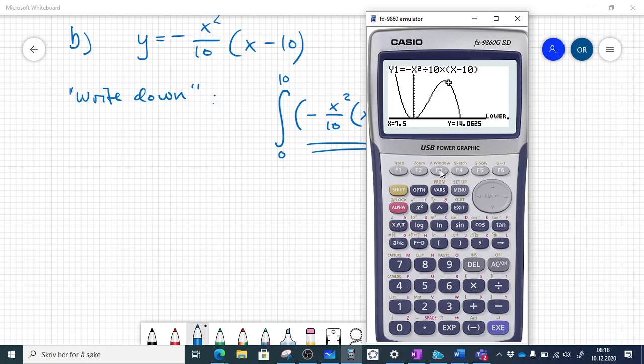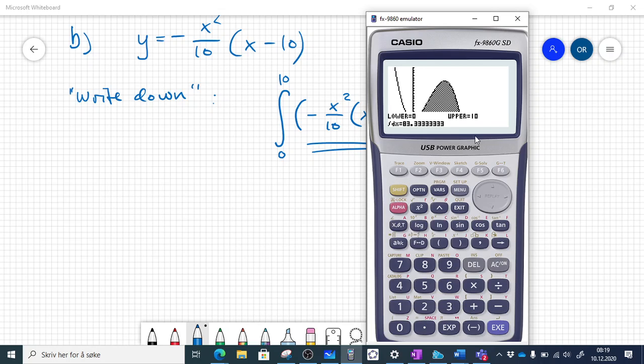Just press F3, and it'll give you the area once you put in the boundaries. The boundaries were 0, the lower bound, and then 10 would be the upper bound. And it's going to shade in the area for you and tell you what that area is. So 83.33333. Now that's simply the answer. And that would give you 1 mark.